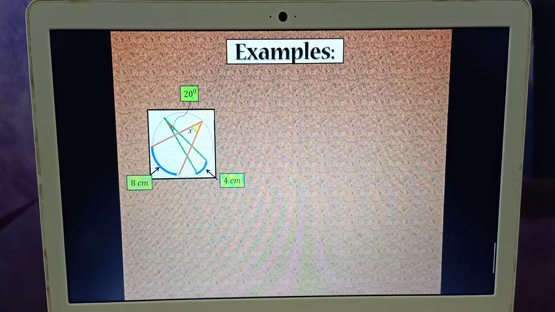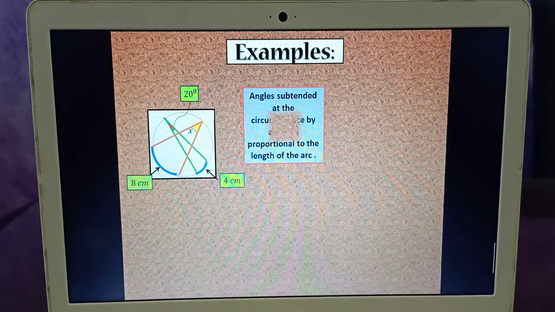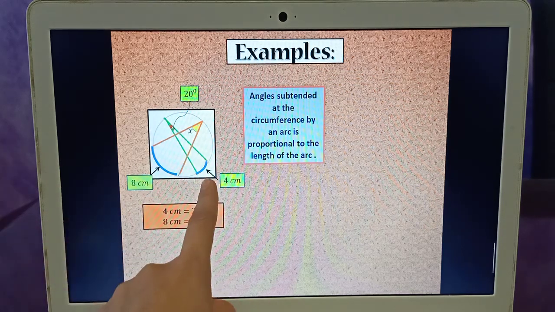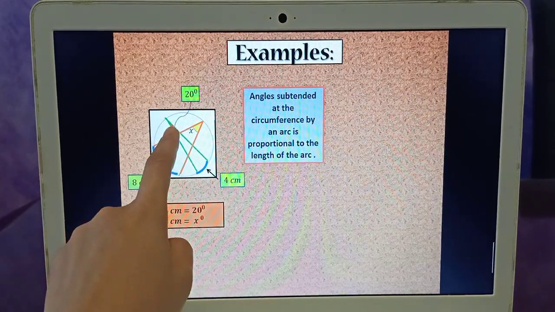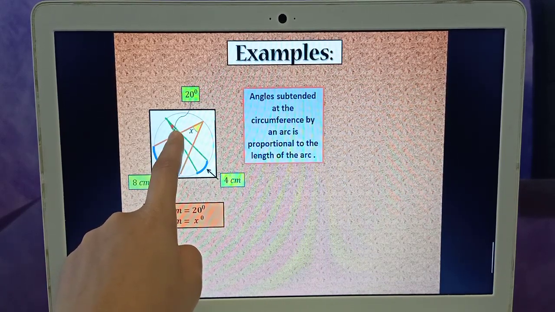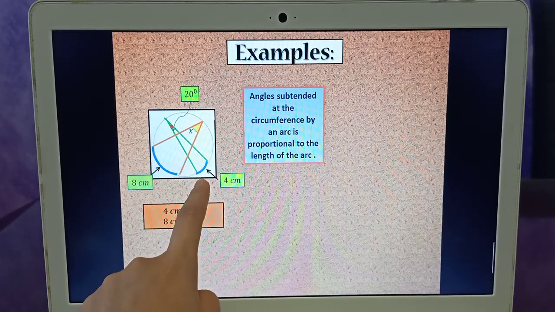Okay, so talking about proportional is very important for you to remember how I teach you, to use my pattern that I always remind you in the class. Okay, I will use this one. This angle, 20 degrees, is actually angle subtended at the circumference by an arc of 4 cm.